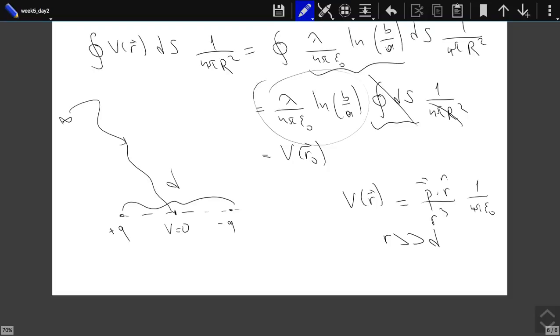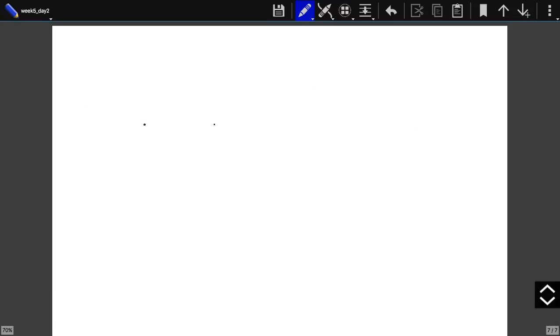Well, depends on how far away. If you go to infinity, the potential is 0 anyway. But if you are not at infinity but sufficiently far away, it is not 0 but small. You see, if you would plot the equipotentials, not the electric field lines, they look like this.